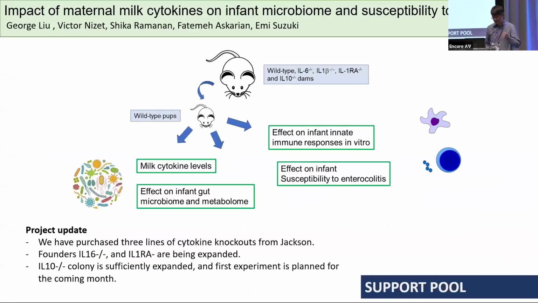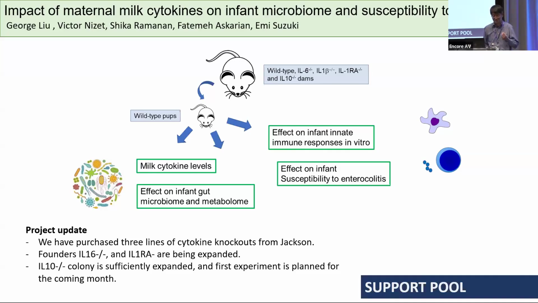Finally, I want to talk about a support pool project that we just started. The title is The Impact of Maternal Milk Cytokine on Infant Microbiome and Susceptibility to Enteral Colitis. This project was inspired at the beginning of the Human Milk Institute at UCSD. As you know, infant formula is highly fortified in nutrients but doesn't have a lot of immune components.